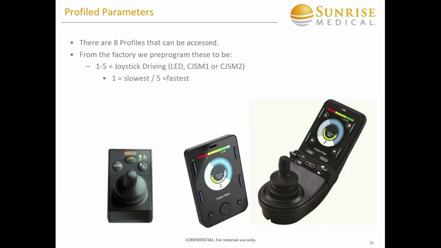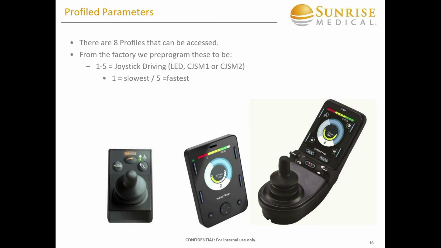So what we do is, because we know joystick is used most often, we give 5 profiles and we dedicate those 5 profiles for joystick driving. Now this works with either an LED joystick, a CJSM1, or a CJSM2. Typically an LED joystick is only going to use one profile, profile number 5, and then it uses a speed up and speed down because you don't have profile and speed on there.